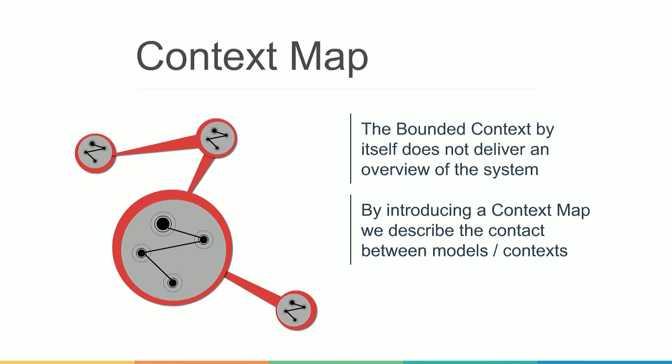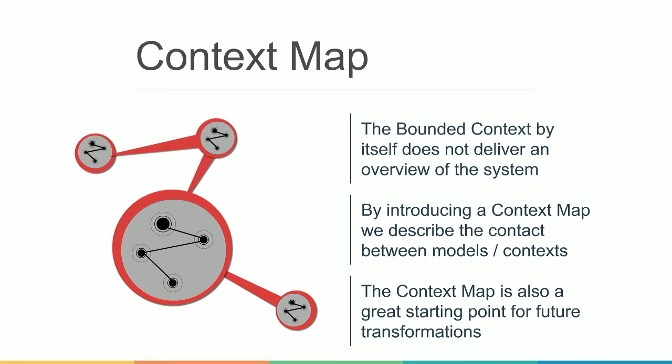And obviously, most systems nowadays are distributed, so they communicate with each other by various means, be it calls to REST resources, to web services, to binary protocols or whatever. And so obviously there is contact between systems, contexts and models.